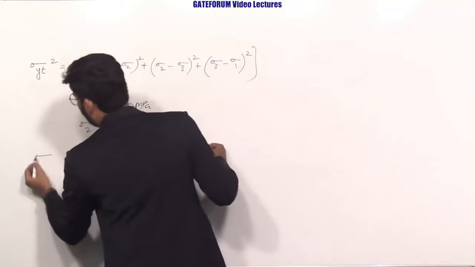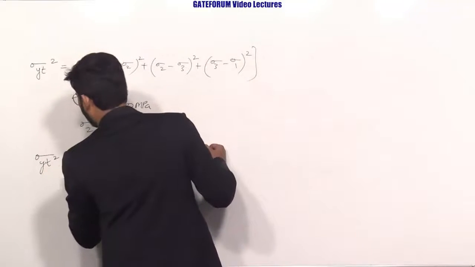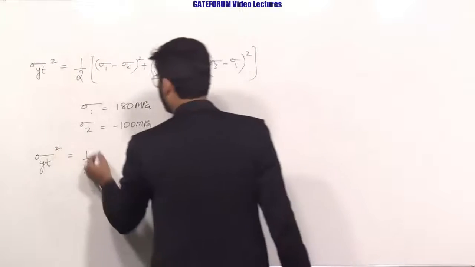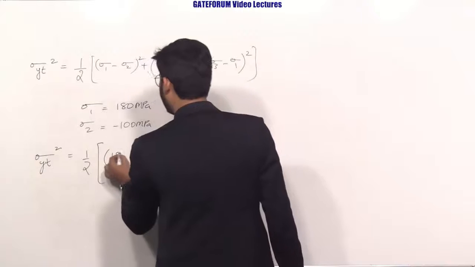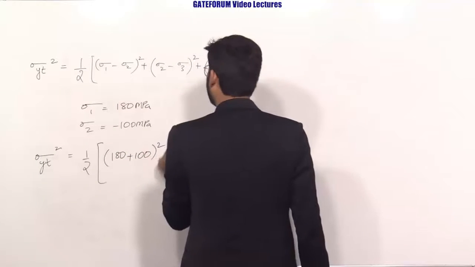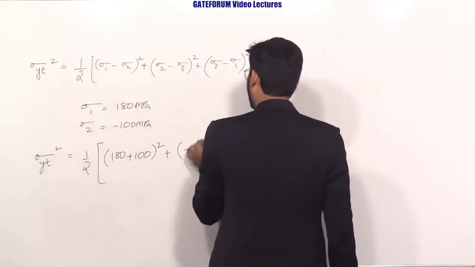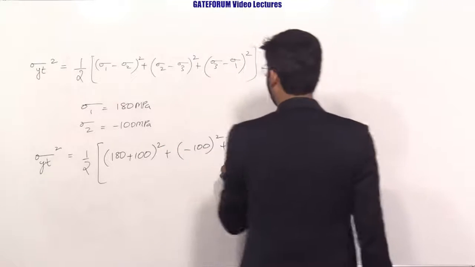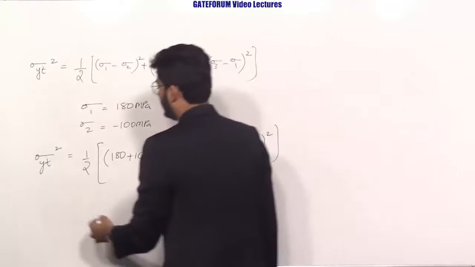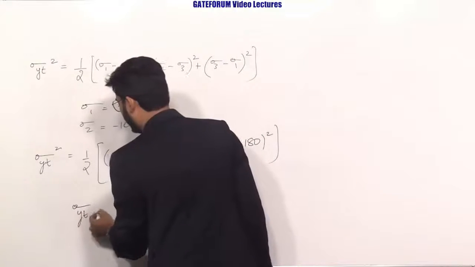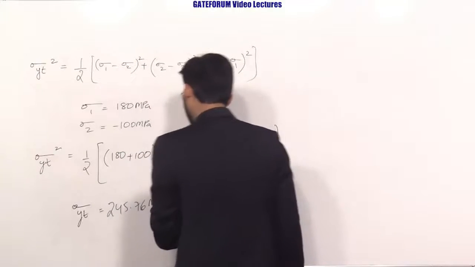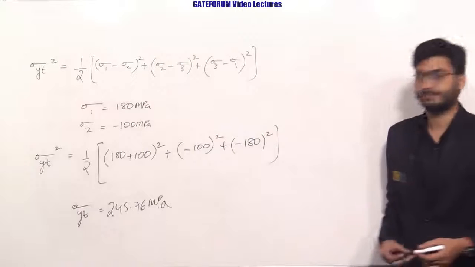So sigma yt square is equal to 1 by 2 times of (180 plus 100) whole square, plus (minus 100) whole square, plus (minus 180) whole square. Upon solving this entire expression you will get sigma yt equal to 245.76 megapascal. Okay, this is the end of the answer.